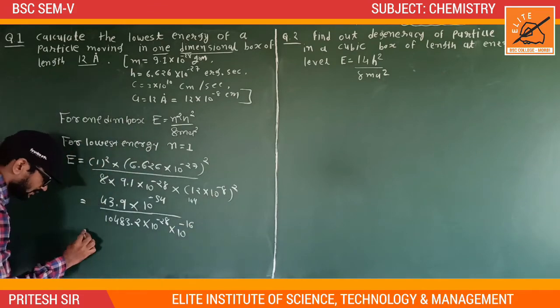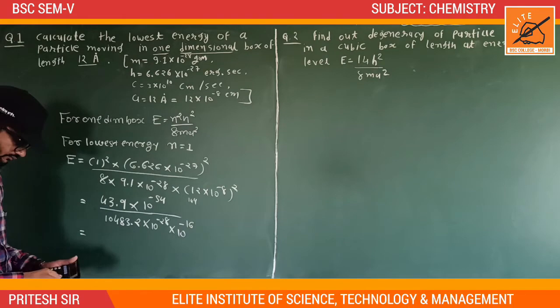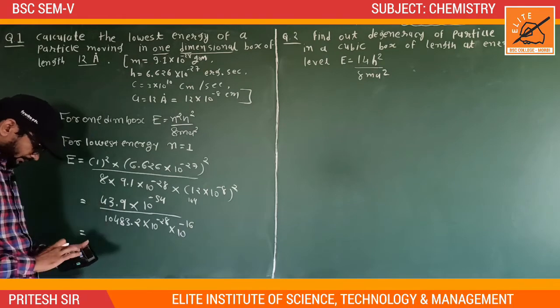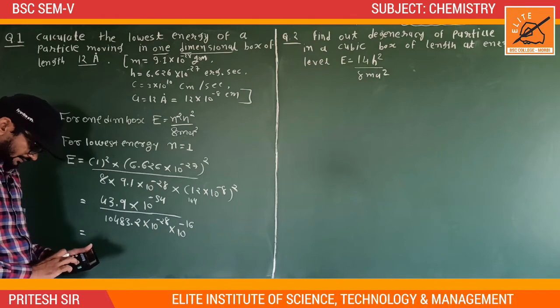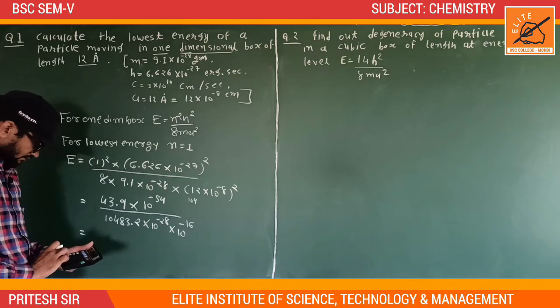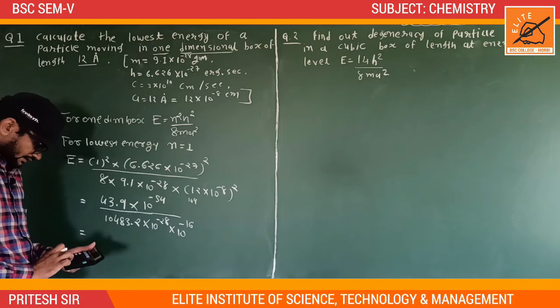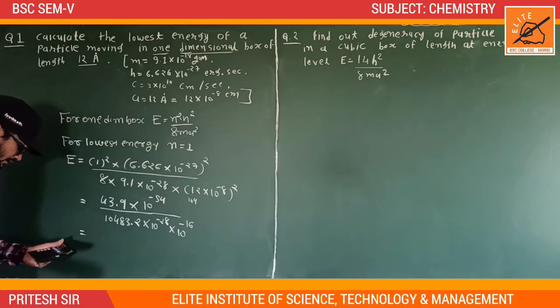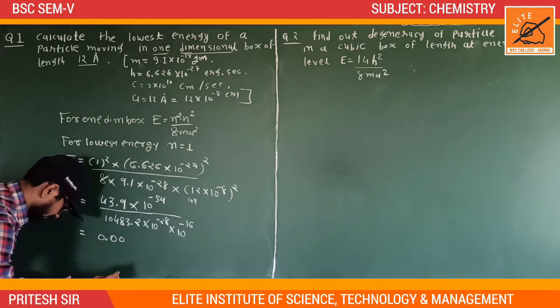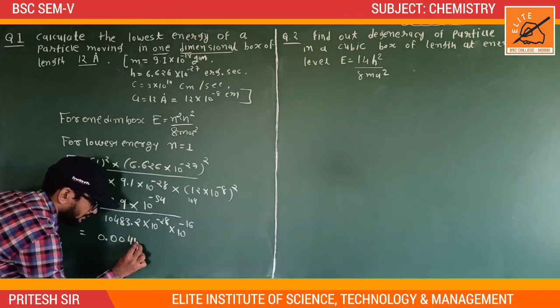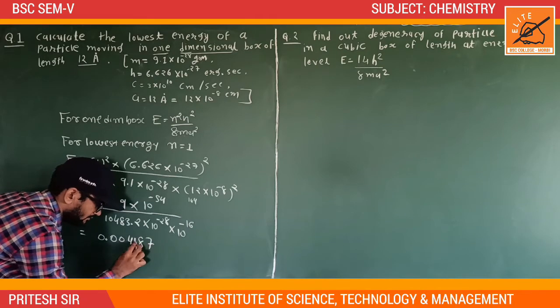So first, 43.9 divided by 10483.2 is equal to 0.004187.